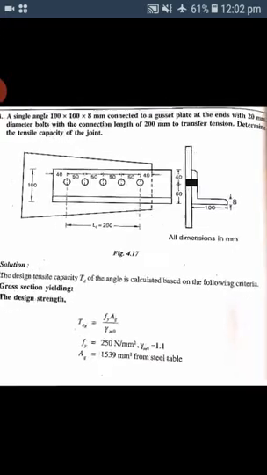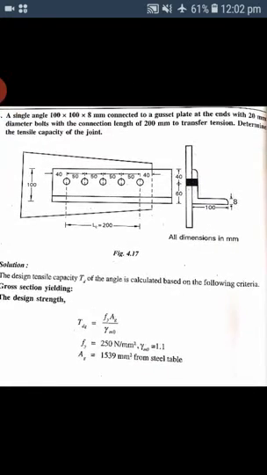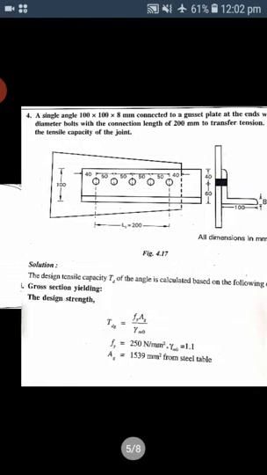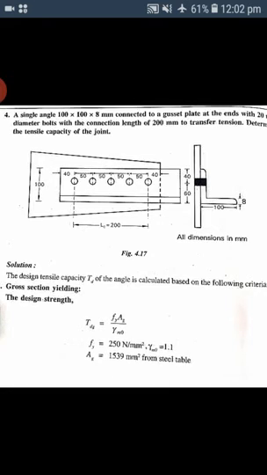Next, as I said, the design tensile capacity of the joint will be the least of three modes of failure: cross section yielding, net section rupture, and block shear strength. Let us calculate the first strength, that is cross section yielding.